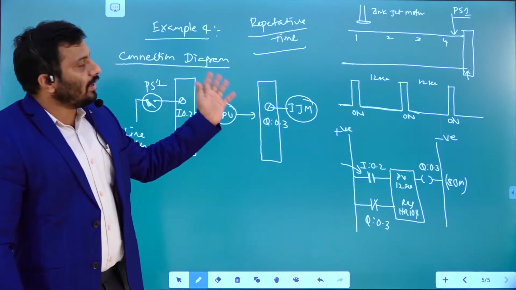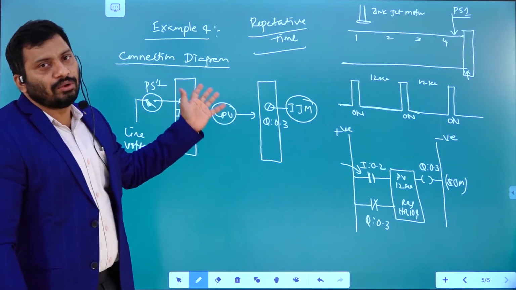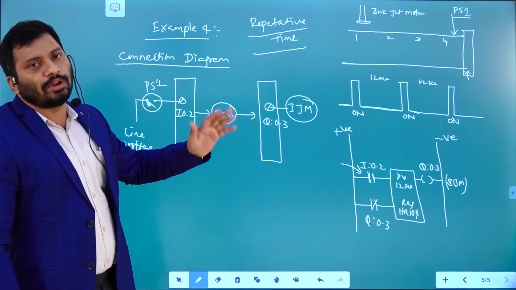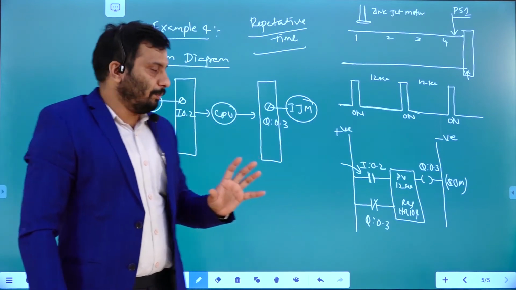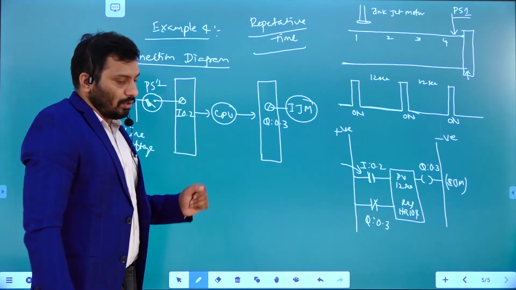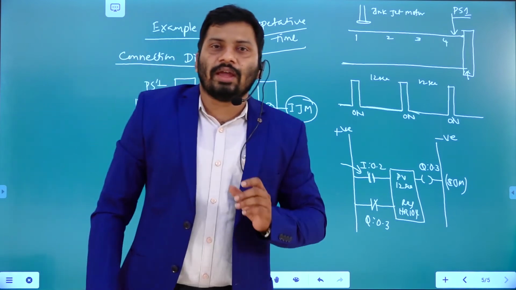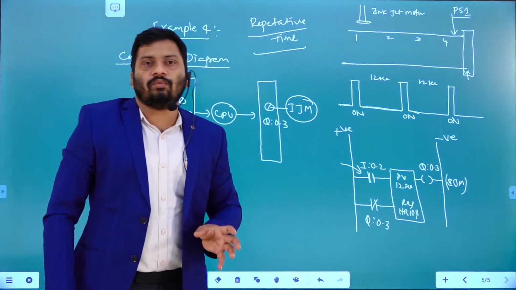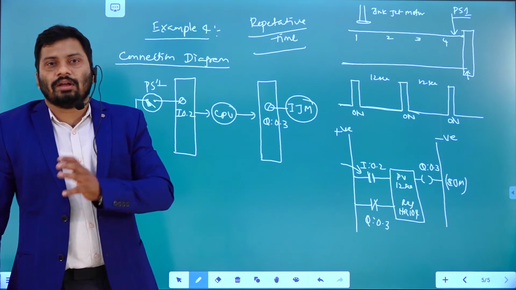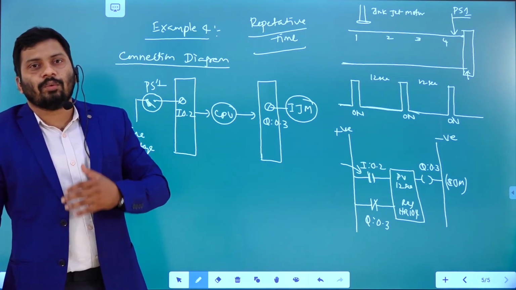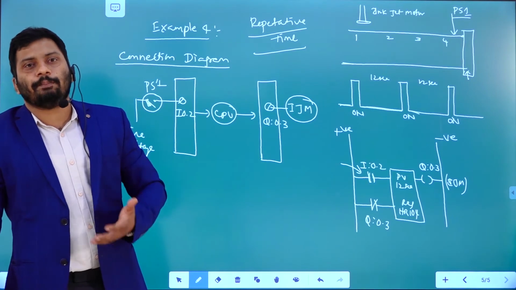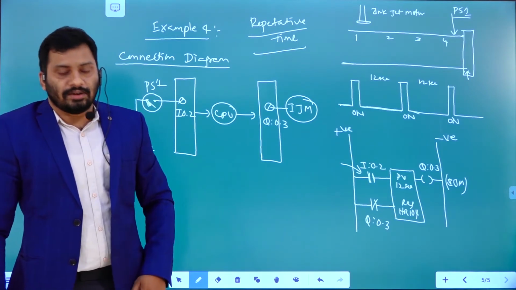Like that, in any industry, in the paper industry also, you can write a program for this type of control application. So this is the fourth example. Like this, we have different applications in industry, and you can write a logic using this particular timer.